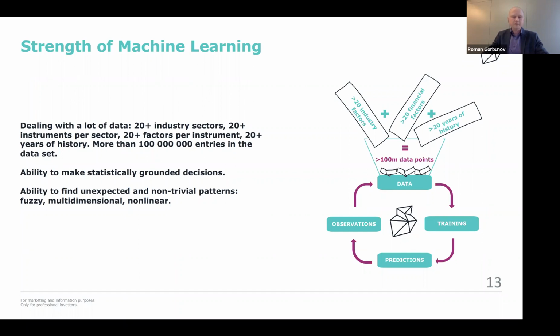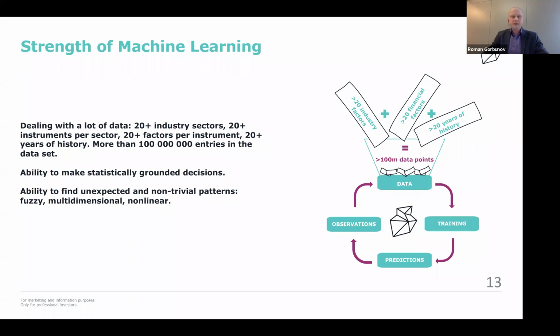And finally, the patterns that we define with machine learning are usually non-trivial, complex, and even hard to formulate for a human. The number of those patterns is extremely large, so it would be impossible for a human to loop through all these patterns and check all of them. For a machine, it's obviously not a problem. In that way, we can find complex, non-trivial, non-linear, multidimensional, fuzzy patterns. And this is what we do with machine learning.